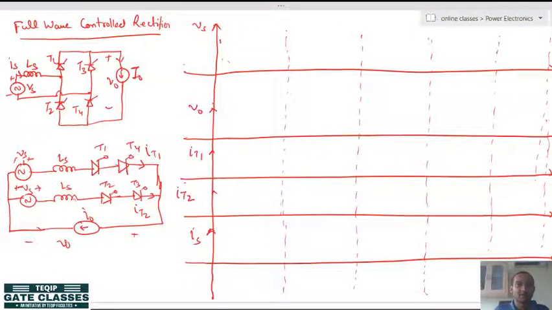So, now let us make the waveforms. So, this is our source.